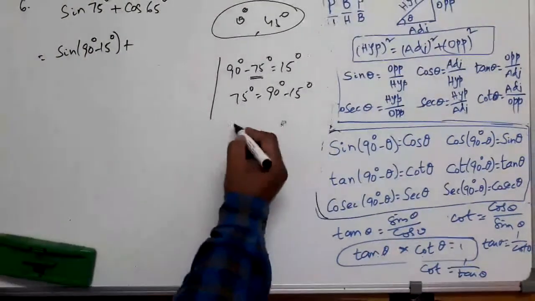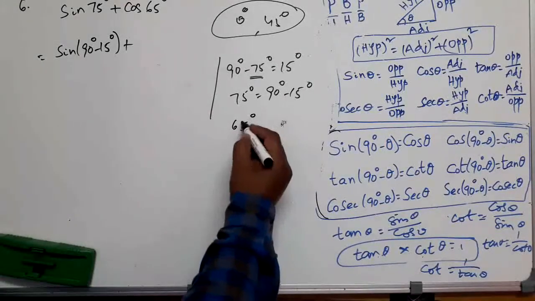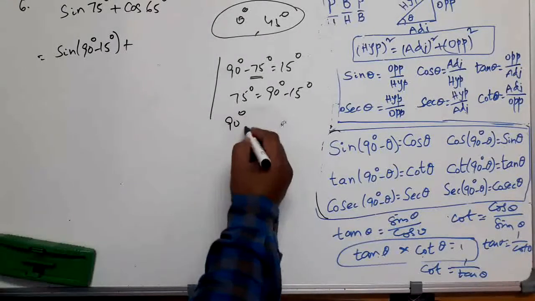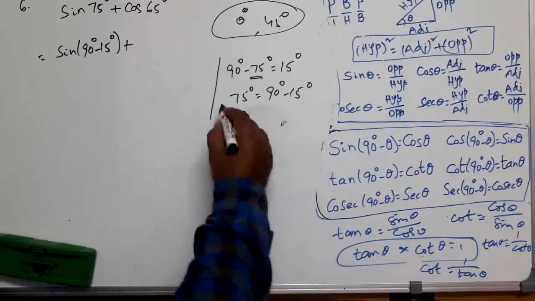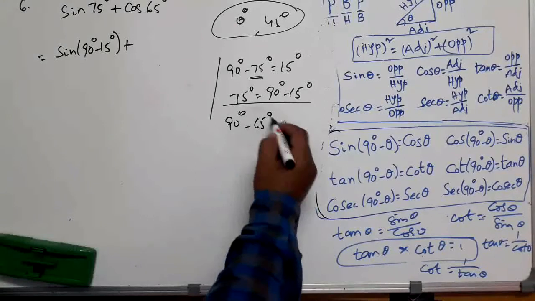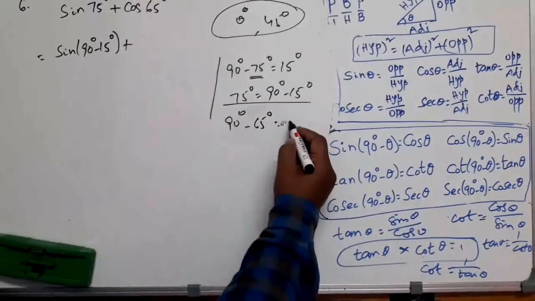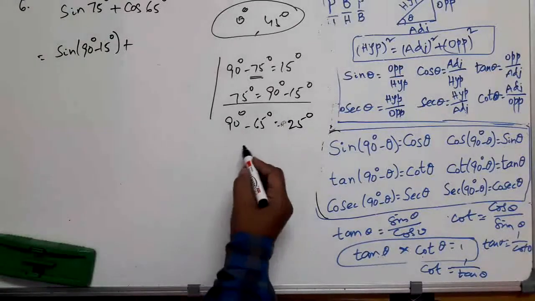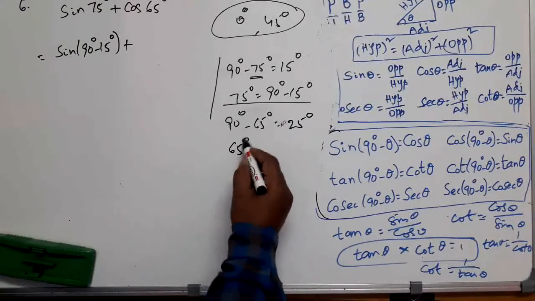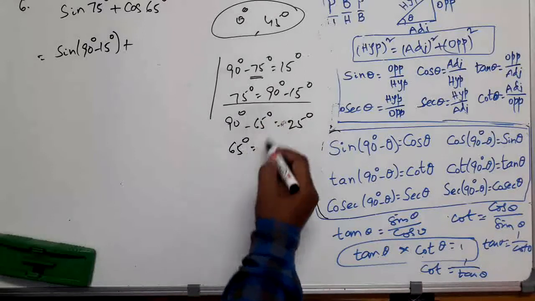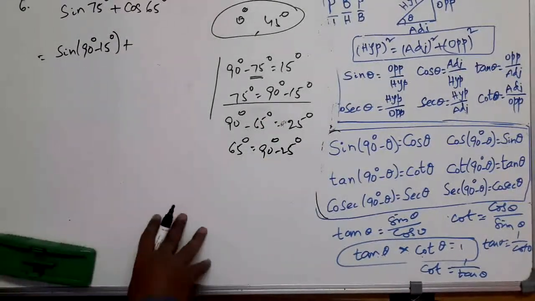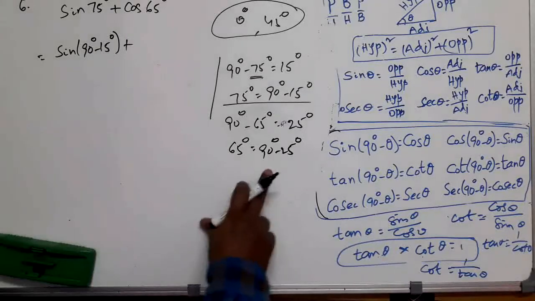So what is the value of 90 degrees minus 65 degrees? 25 degrees. 90 minus 65 is 25, right? So in the place of 65, I can write 90 degrees minus 25 degrees. 65 degrees can be replaced by 90 minus 25.